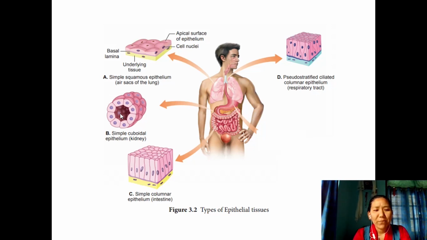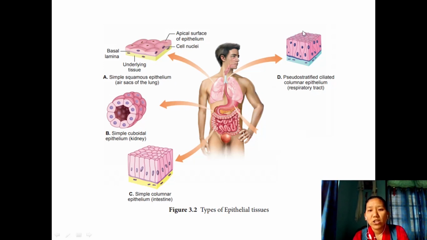Now the third type is simple columnar epithelium. Simple because it is single layered, and columnar because it is pillar-like. These are present in the intestine. This simple columnar epithelium may bear cilia, and here you can see the hair-like structures.